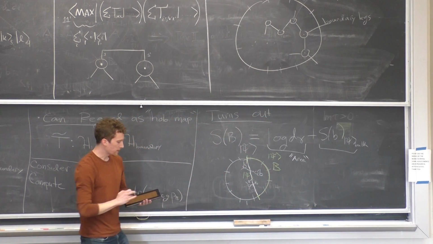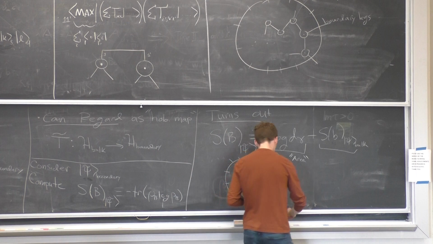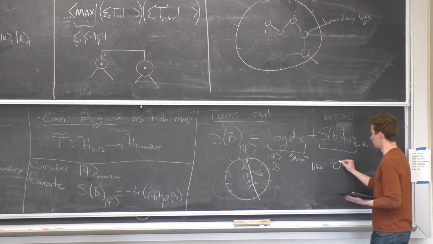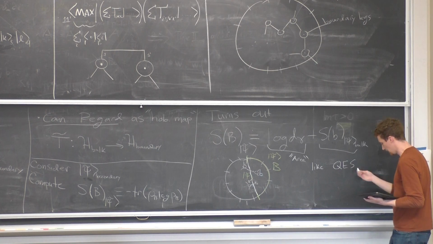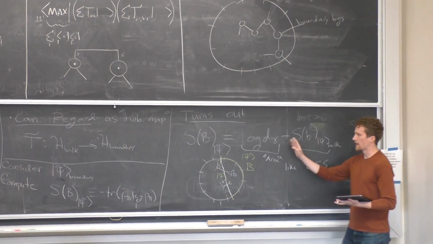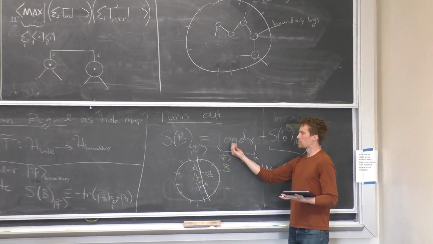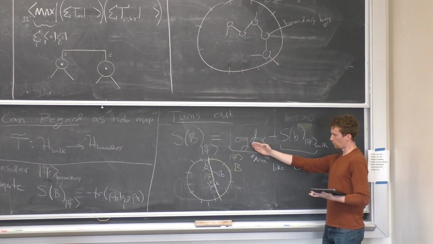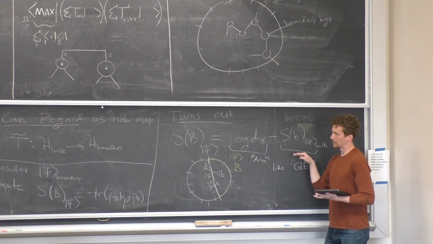So what this is supposed to remind you of, why this is exciting, is it's like the quantum extremal surface formula in ADS-CFT. And indeed here, I didn't say how you find the surface gamma. You're supposed to consider all gamma and then pick, the answer is given by the one that minimizes this quantity.